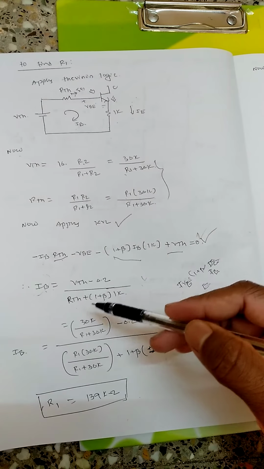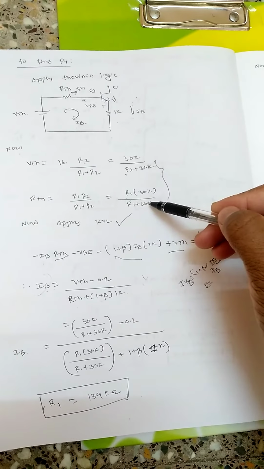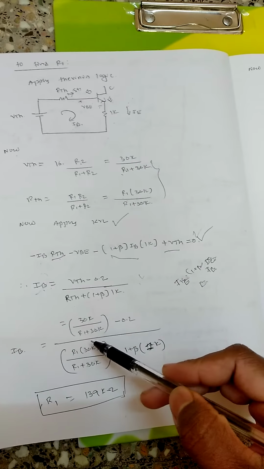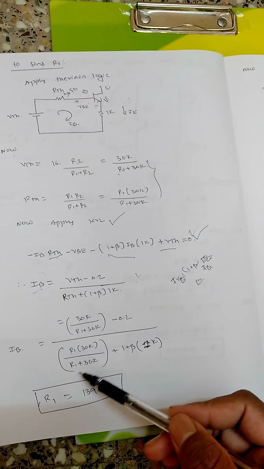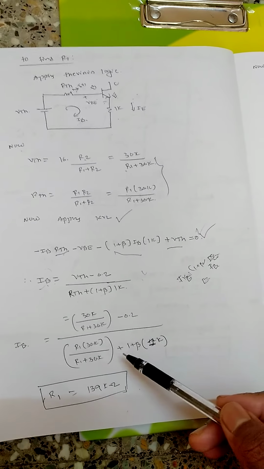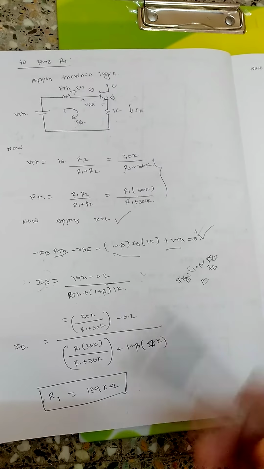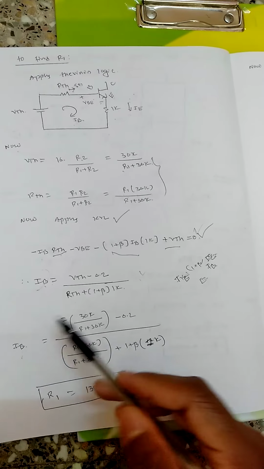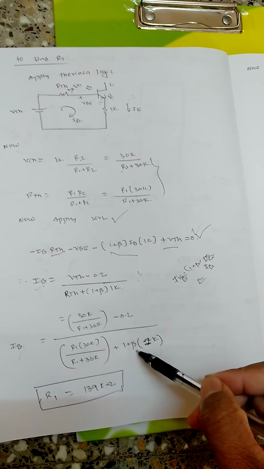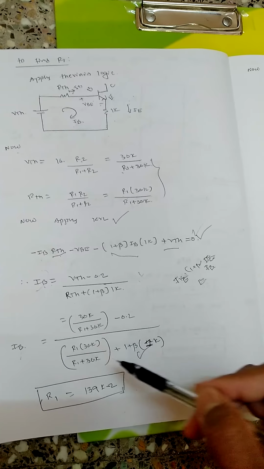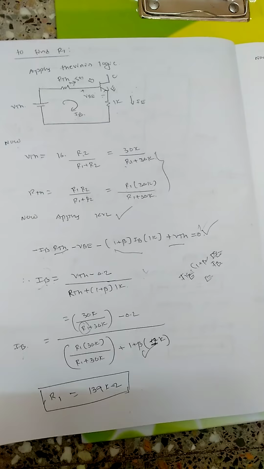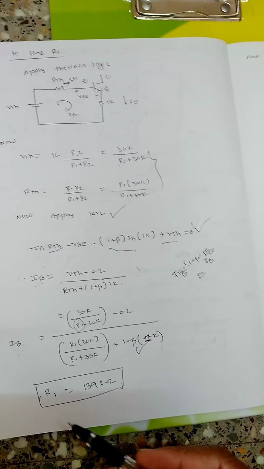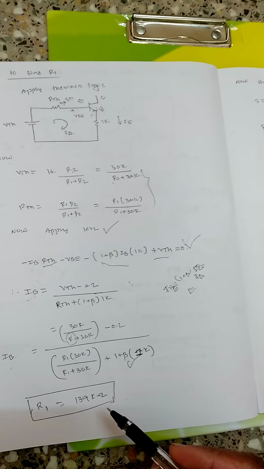VTH I know, RTH I know, so substitute VTH and RTH here: 30K divided by R1 plus 30K, minus 0.2, divided by R1 into 30K divided by R1 plus 30K, plus 1 plus beta into 1K. I know IB, and all other terms, that is beta, are constants. The one thing I don't know is R1, and that is what I need to find. So R1 will be equal to 139 kilo ohm.